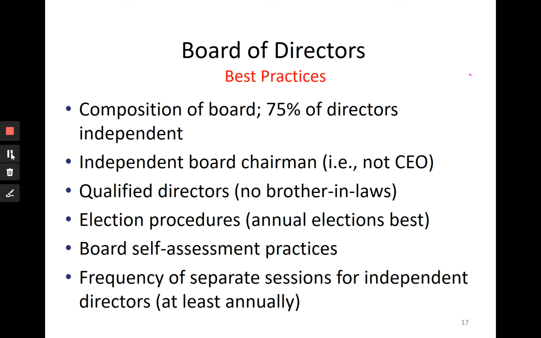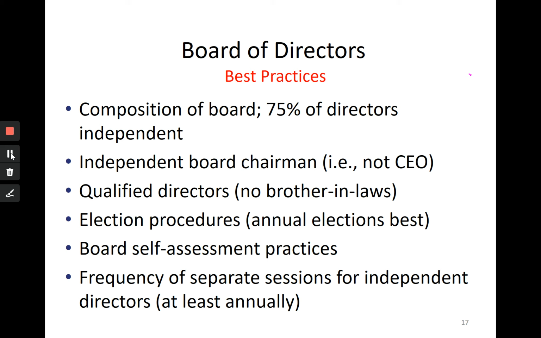By an independent director, we mean that this director did not work all his or her career in the corporation and then become a director, but is an outsider: a marketing manager from another firm, a finance professional from outside, a professor, an engineer, a scientist. Those are independent directors.